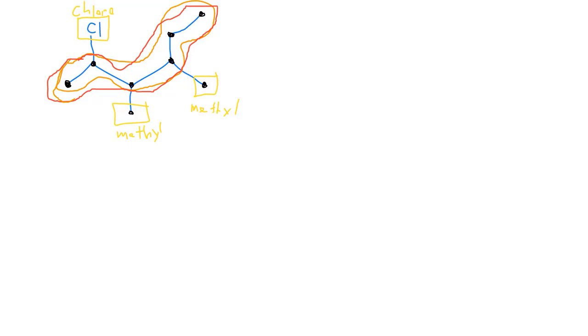So the name of this compound would be what? 2-chloro-dimethylhexane? Very close. So 2-chloro is correct, but we also need numbers for the methyl groups, right?